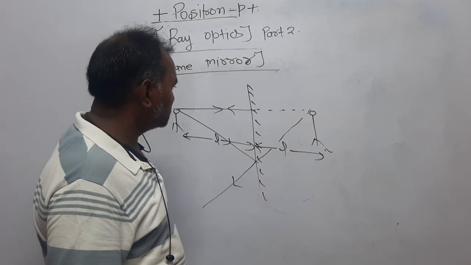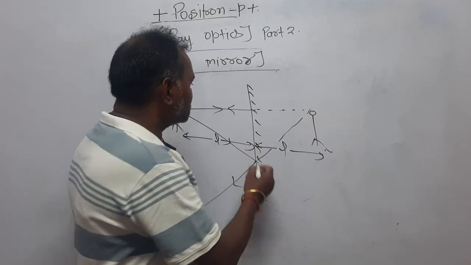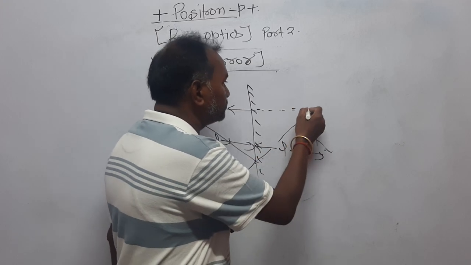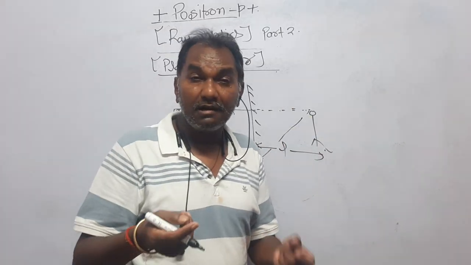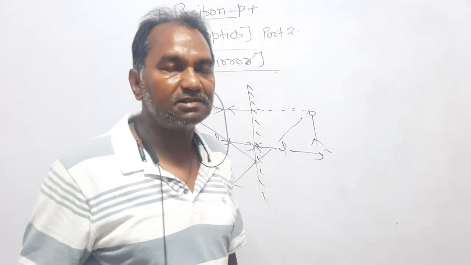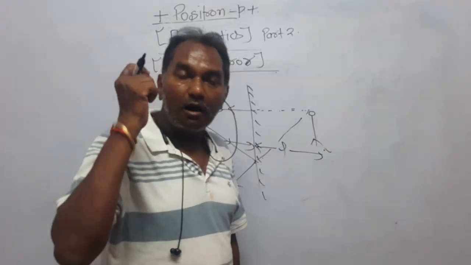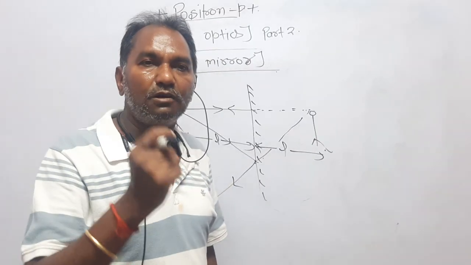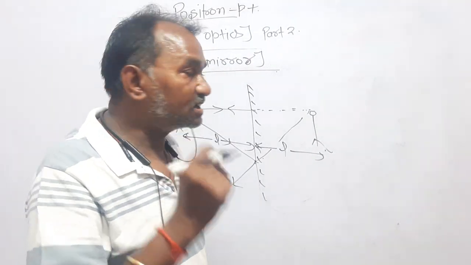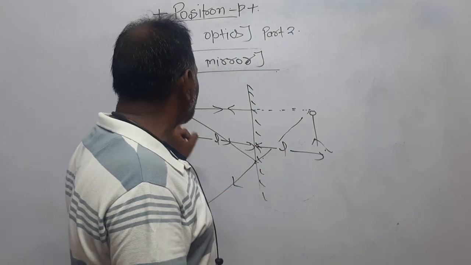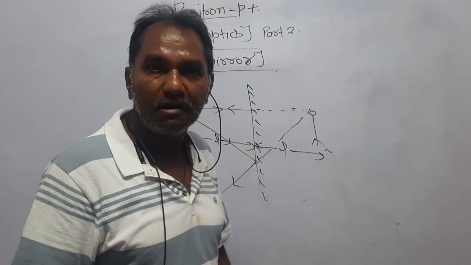Now, dear student, this ray intersects this particular ray when you produce it back to meet it, right? So really they are not intersecting, but virtually they are intersecting. That is why the image will be virtual, and the size of the image will be equal to the size of the object, and the distance of the image from the mirror will be equal to the distance of the object from the mirror, right?